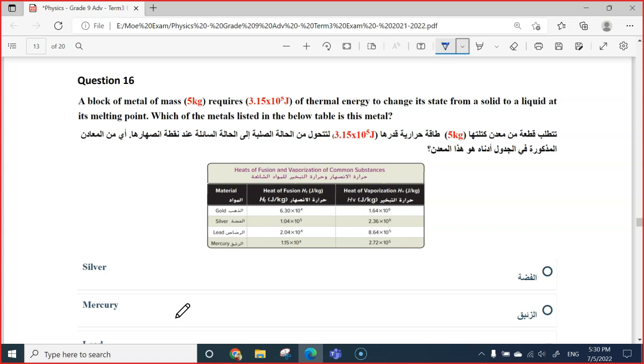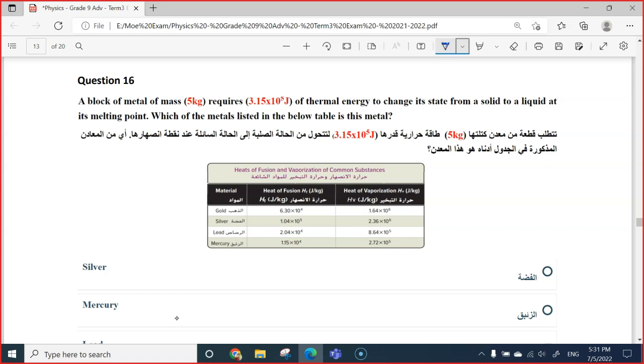So each metal has a specific value of heat of fusion. So if you are able to calculate the heat of fusion of the material mentioned in the question, then you can check whether it is equal to the heat of fusion of gold, silver, lead or mercury.